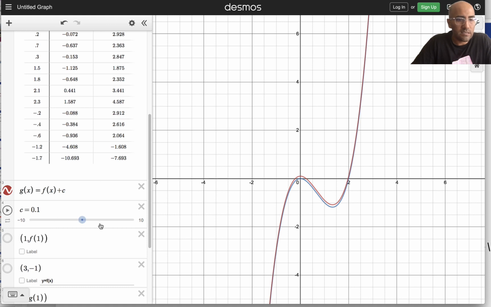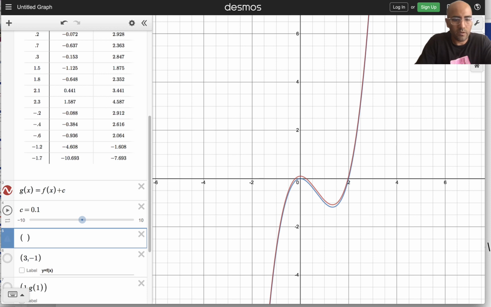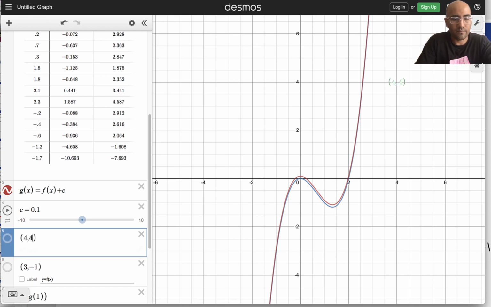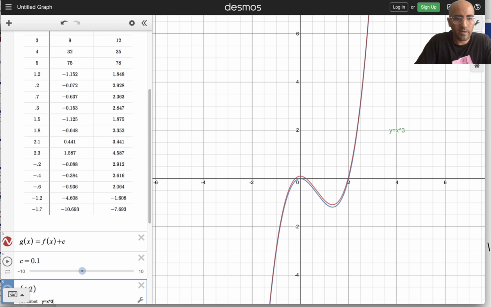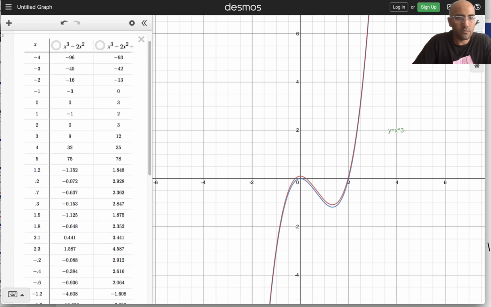So there's c, and let's label, at 4, 2, and we're going to label y equals x to the 3rd power minus 2x to the 2nd power.